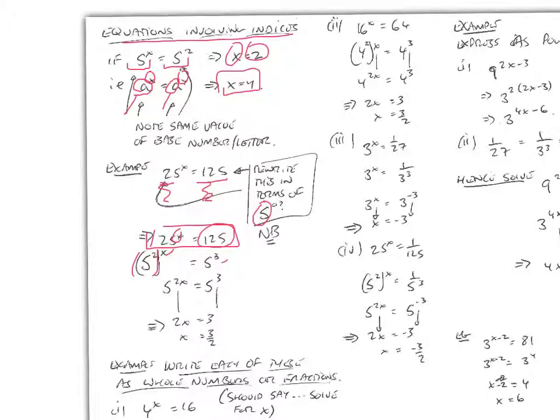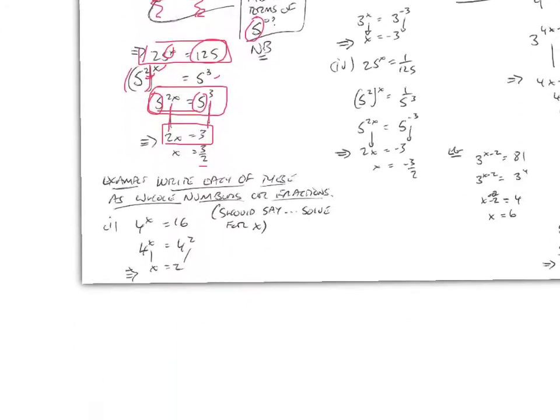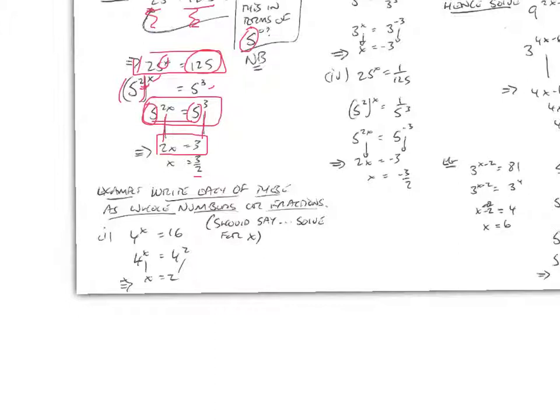So now we have 5 to the power of 2x, because with a power to a power we multiply them, equal to 5 cubed. Once we have the two bases the same, we can just pull down the indices and equate them to each other from this rule here. So 2x equals 3, x equals 3 over 2.